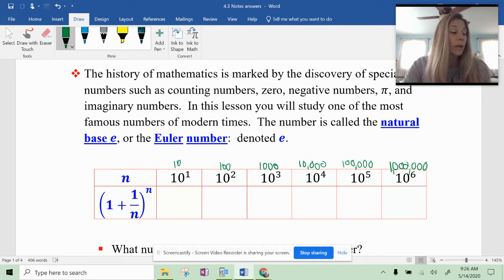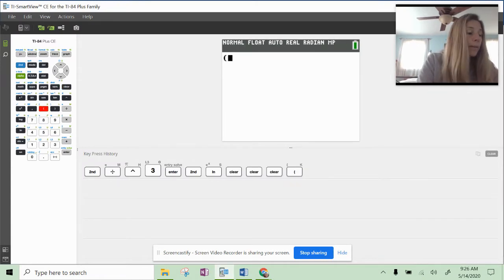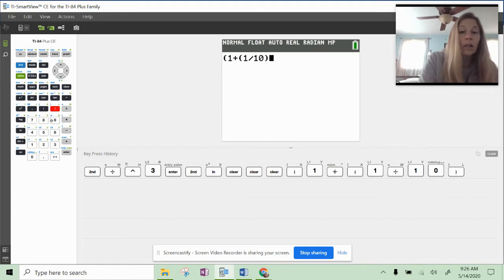So if we take a look at this, and I put this in on my calculator: parenthesis 1 plus, now I'm going to put my fraction in its own parenthesis, 1 divided by 10. Close that parenthesis, then close the original. Whoops, I did an extra one by accident.